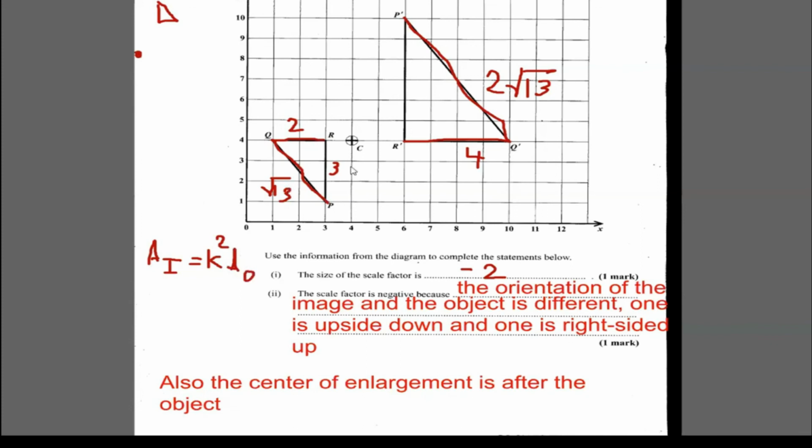So the area of the image, if the area of this is 3 and k is negative 2, negative 2 squared is 4, then 4 times 3 is 12. So the area of the image is 12, using this formula. So k squared, 2 squared is 4, and 4 times 3 will give you the area of the image, which will be 12. Just to write it down right there.